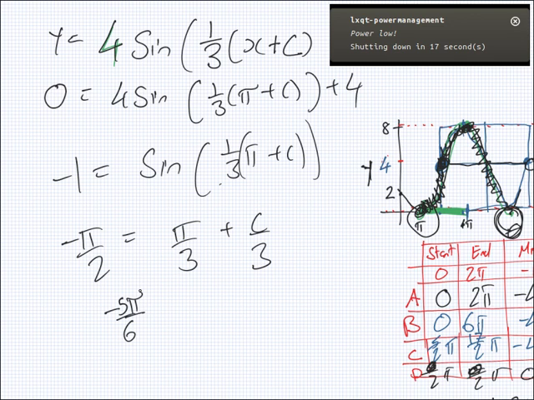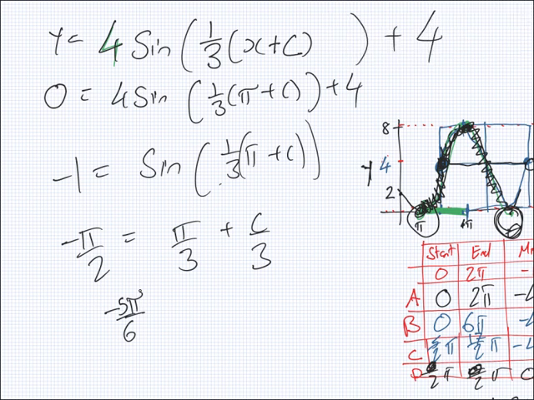Come on. Is it on? Crisis averted. Okay, so that's it. Is that correct? Minus pi over 2 minus pi over 3 is minus 5 pi over 6. That's equal to c over 3. So if I bring the 3 up, what will I get? Can you multiply that by 3? What do you get?